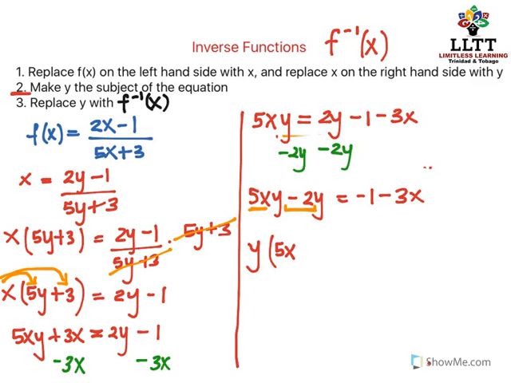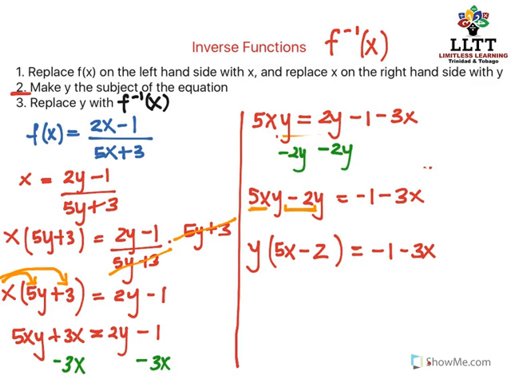And then my second term, if I take out the y, what will be remaining? Minus 2. So I put in minus 2. And then on my right-hand side, I have negative 1 minus 3x. So now I have y times some value, and the value is 5x minus 2.